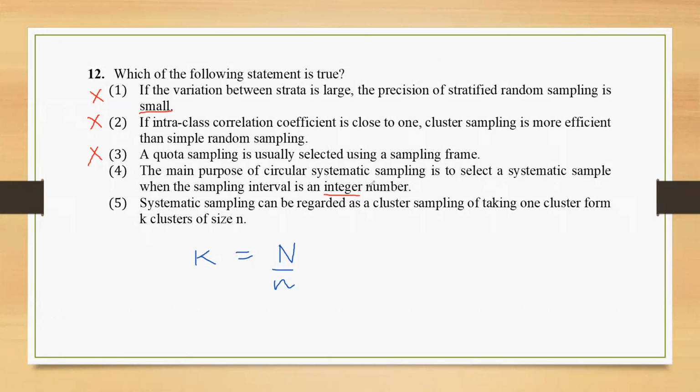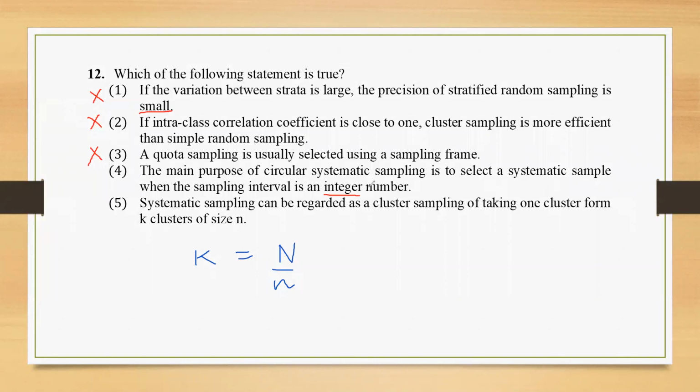But if it is not an integer number, then you have to do a circular systematic sampling. So therefore, the purpose of circular systematic sampling is to select a systematic sample when the sampling interval is not an integer number.